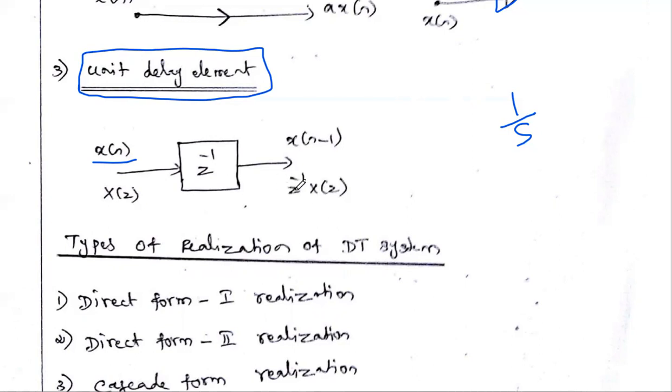According to the time shifting property, the answer is x of n minus 1. So this is the time domain representation, and this is the corresponding Z domain representation. Anyway, this delay element is producing one second delay for the time domain signal, and the corresponding Z domain representation is X of Z multiplied with Z power minus 1.